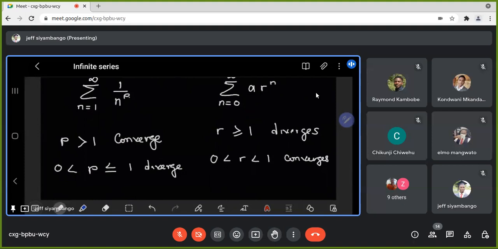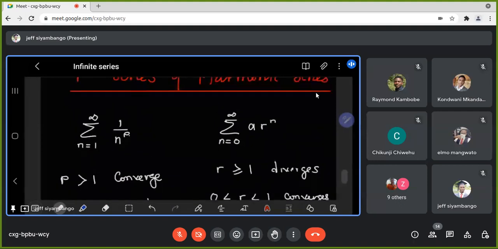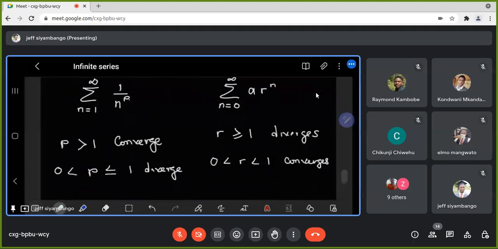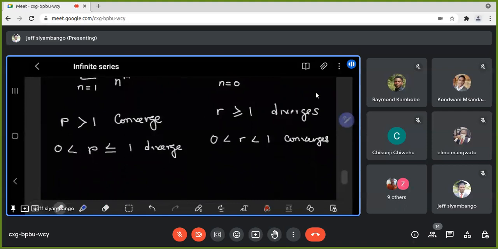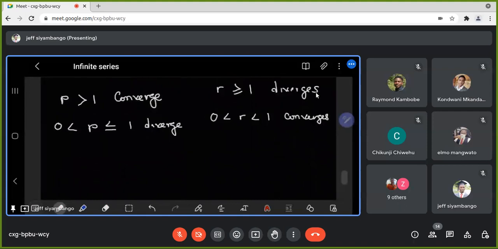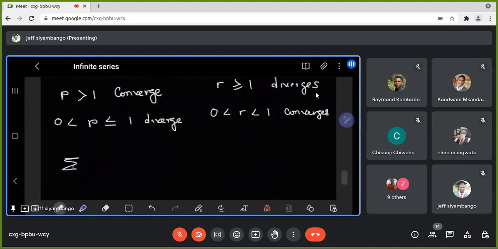Now, with that in mind, how does it work from here? Well, if you were to expand that sequence just a little bit, what you'd have is the sum up to infinity from n equals 1 of 1 over n to the power p.